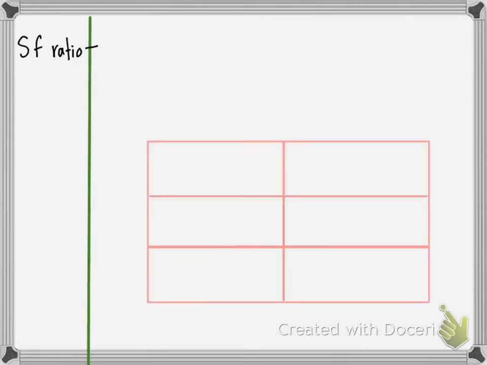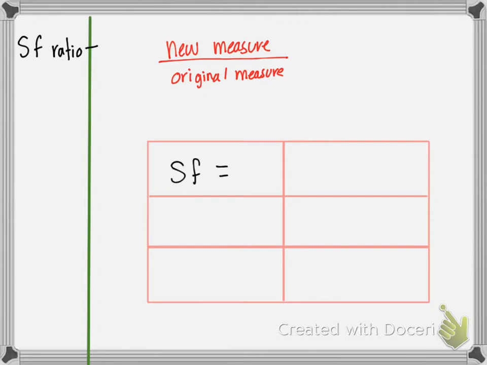So for the scale factor ratio, this is how you get it. You get the new measure and you divide it by the original measure. Let's say your scale factor is equal to 1. You're not going to change your shapes, so you're going to have equal shapes.